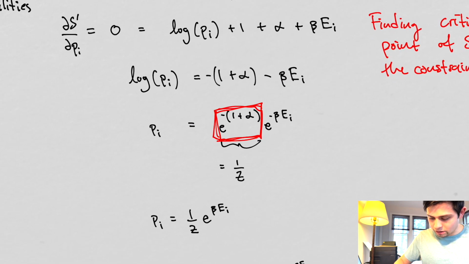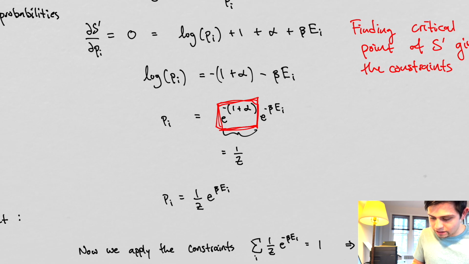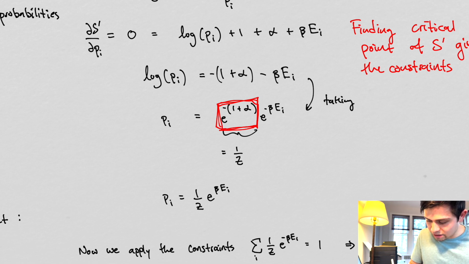And then we have this right here. So how do we get from this to this? Right, from this to this, we're just taking the exponential. Okay, and then this guy here, we're going to call 1 over Z, right? So this here, we're going to call 1 over Z. And Z, as you now know, or as you're sort of anticipating, is the partition function.